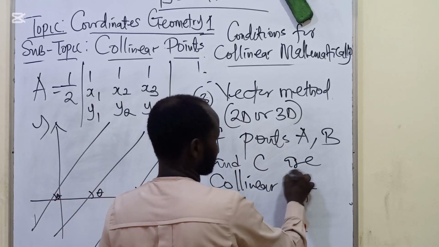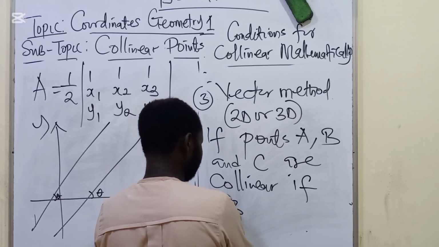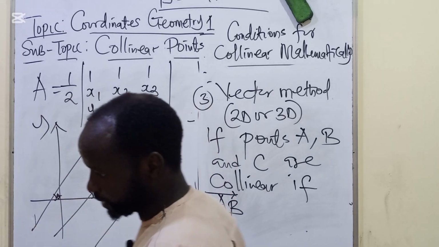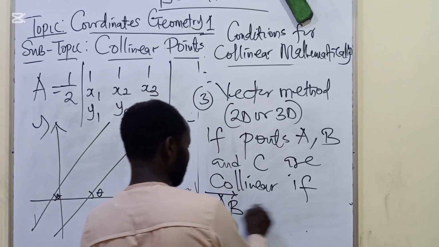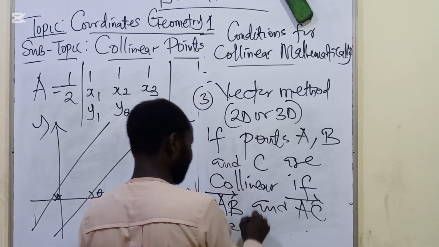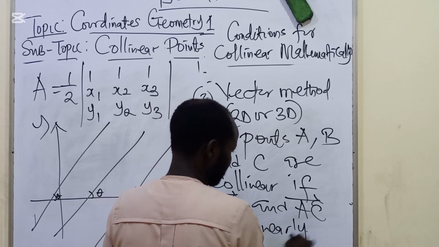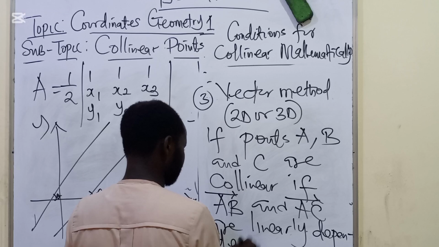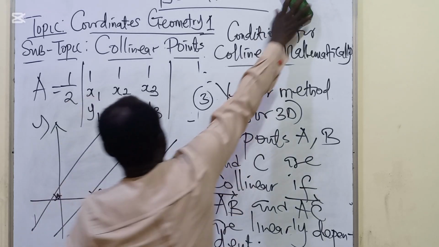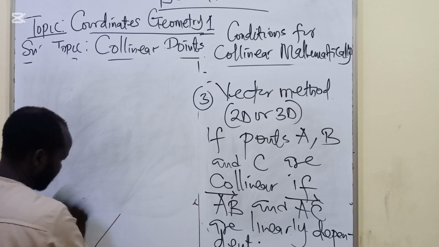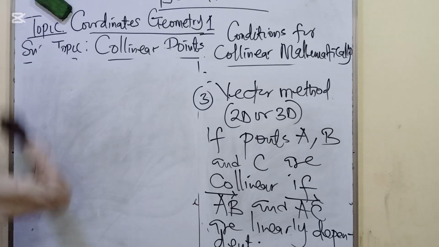then vector AB and vector AC are linearly dependent. Linearly dependent means that one is a scalar multiple of another.